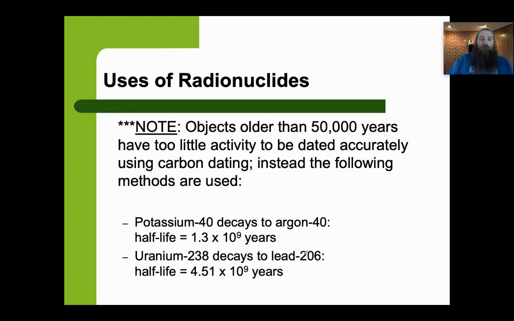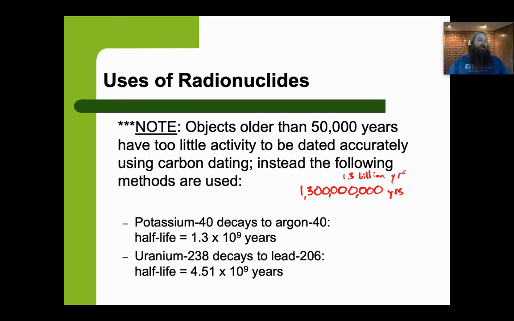Potassium-40 has a half-life of like 1.3 times 10 to the 9th years, so it's a lot of years, right? 3, 6, 9, right there, years. So hundreds, thousands, millions, billions. So that's 1.3 billion years. So that's really good for dating rocks.